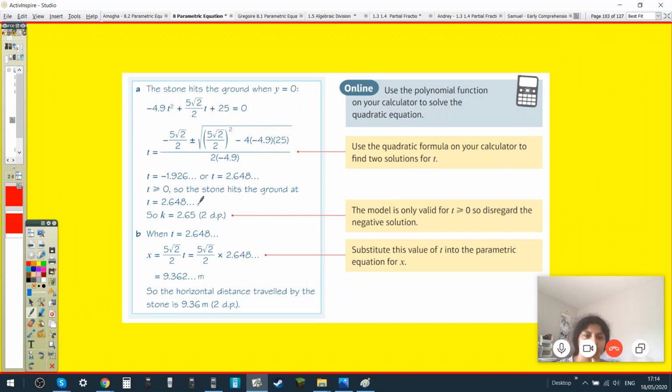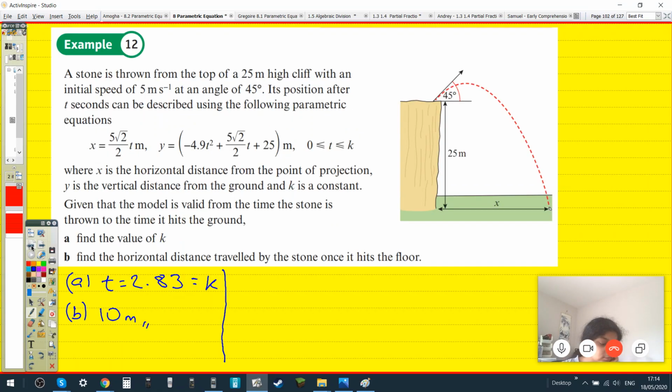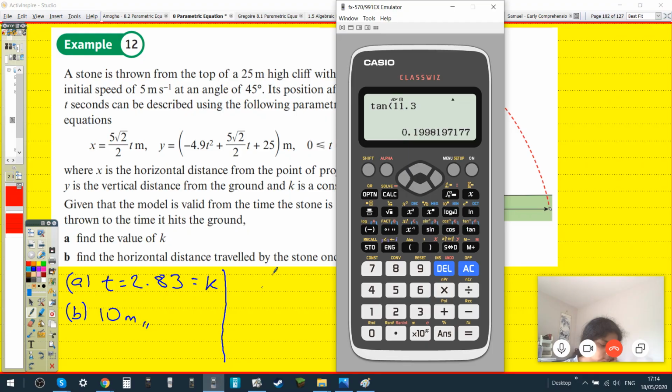Nope. Not even close. So it's saying it's 2.648. I used my calculator. Minus 4.9.